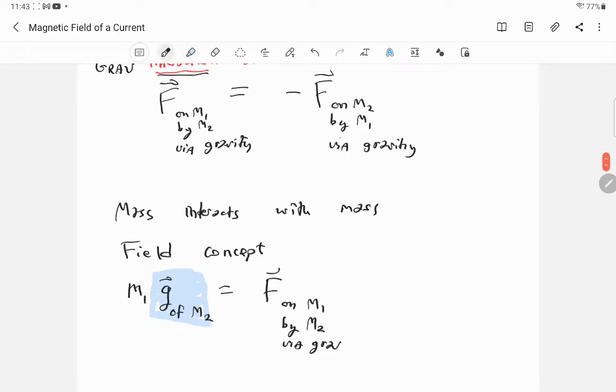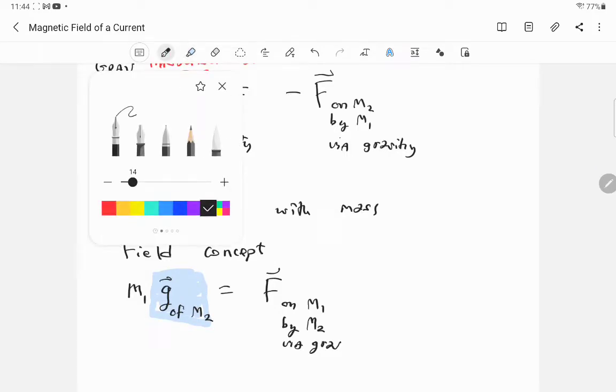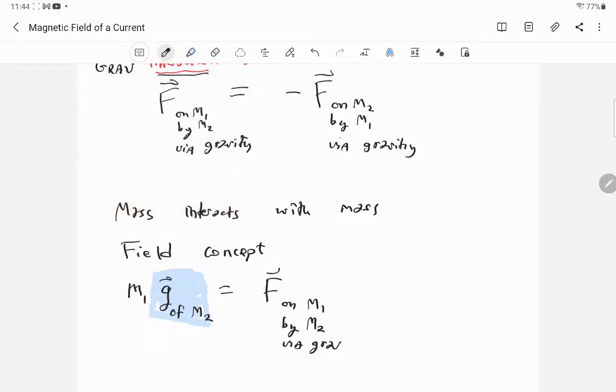There's a parallel way of saying this from the point of view of the gravitational field of M1. If you multiply M2 times that field, you get the force on M2 by M1 via gravity.